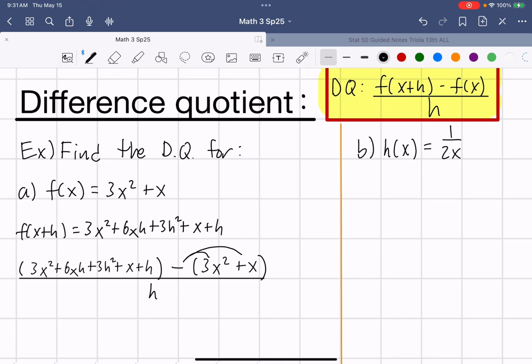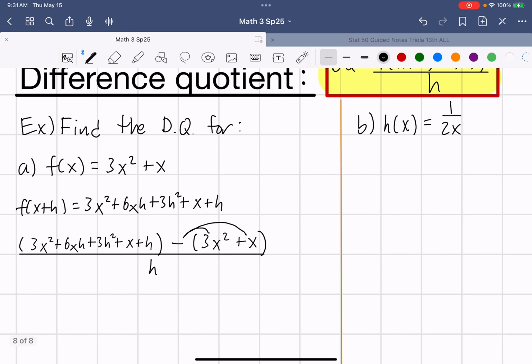Meaning this negative has to distribute. Sorry. That's going to be minus. This is going to turn to a negative. And if you notice, these two are exactly the same. So they are going to cancel out. There's also this x here, and this x.